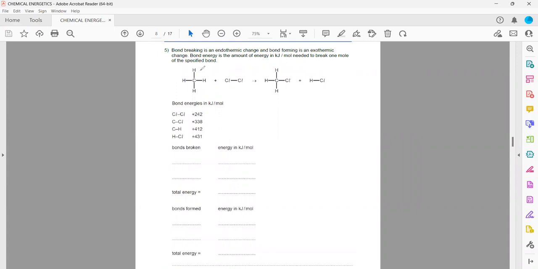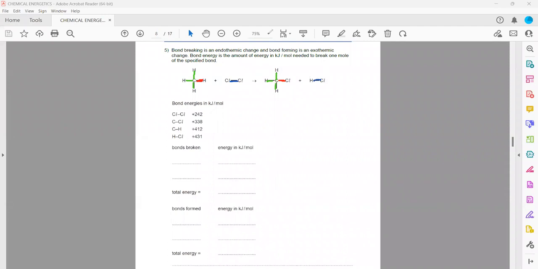That is, you work out the difference, like 1, 2, 3 and 1, 2, 3. These three C-H bonds are the same, identical. So which bond is different here? This bond is different. Here it is C-H, here it becomes C-Cl. So this bond breaks, this bond forms. And then there was Cl-Cl, and then it becomes HCl.